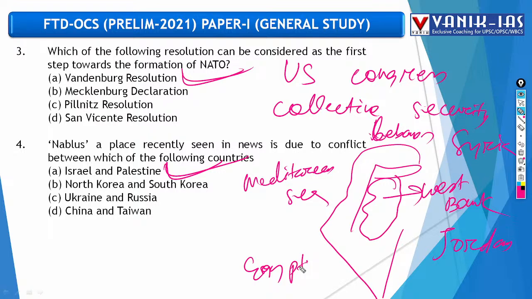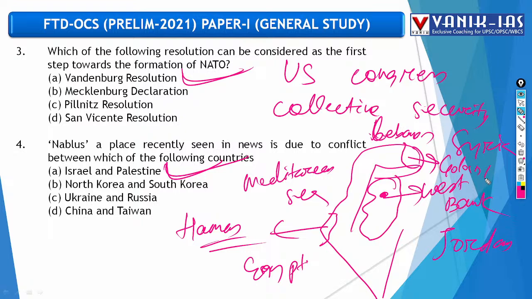So this is due to the Israel and Palestine conflict, and Nablus is present here in the West Bank. Here is your Gaza Strip where Hamas are present. Hamas are terrorists of Palestinians. The West Bank is in control of Palestine. And here is your Golan Heights, a small area, also related to Israel and Palestine.